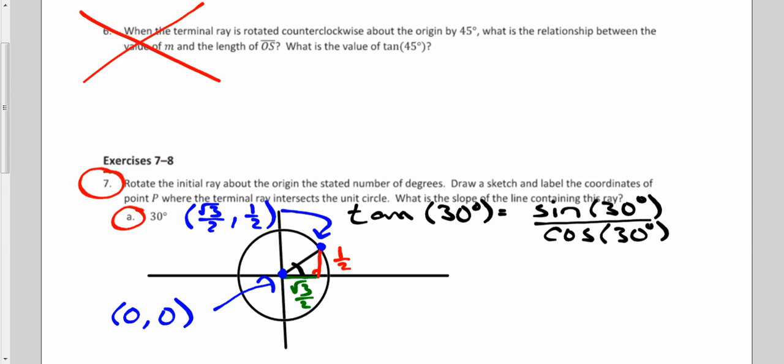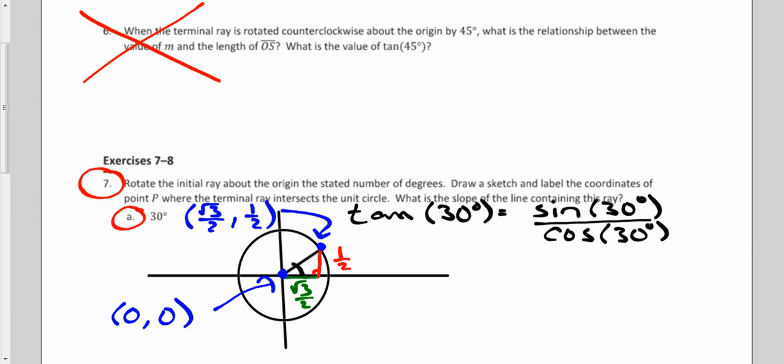How do I find the slope of this line? What is slope? Rise over run. Which is the change in what coordinate? On top it's y, right? And on bottom it's x.